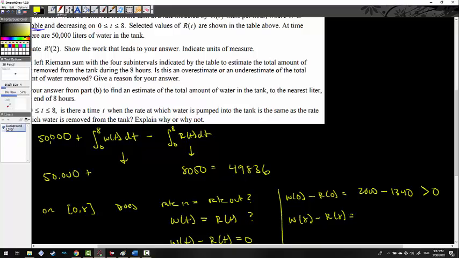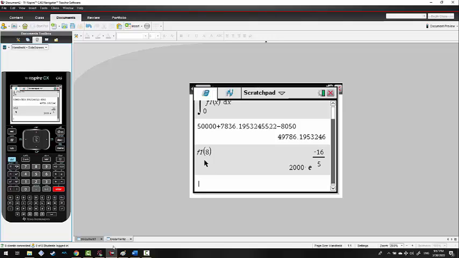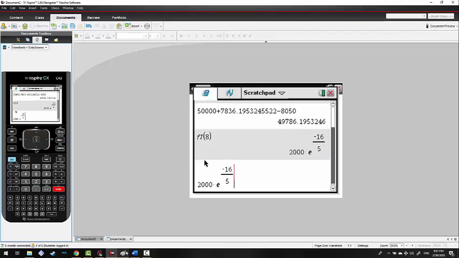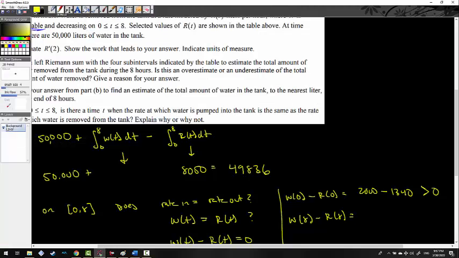Well, what's W of 8? Let's find out what that is. It's 81.524 minus, well, how much is R of 8? R of 8 is 700, meaning this is less than 0.